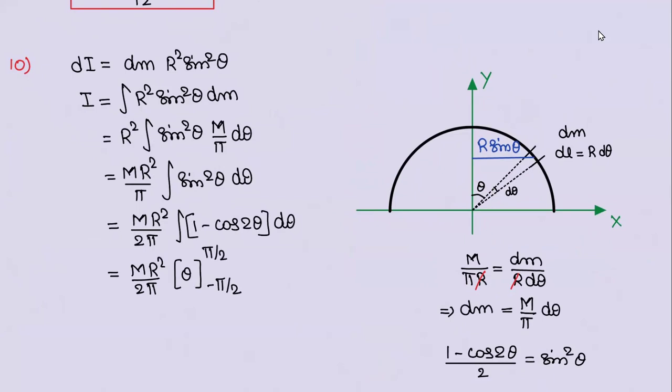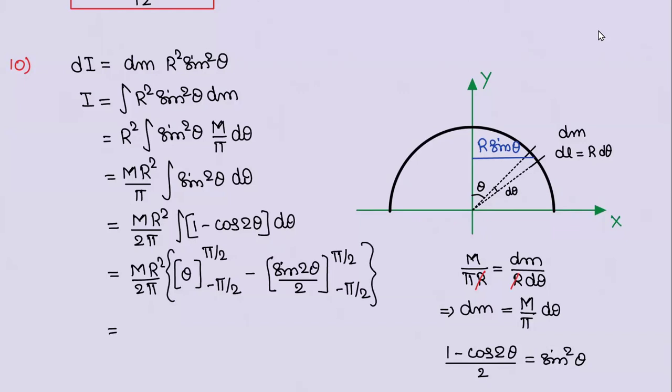Be a little bit careful. Minus cos 2 theta. Integration of minus cos 2 theta will be minus sine 2 theta by 2. Again, the limits are the same, minus pi by 2 to plus pi by 2. Right? I need to put a bracket. Yeah, everything under bracket, right? Good.